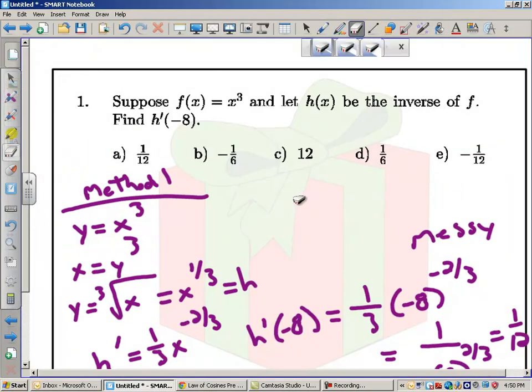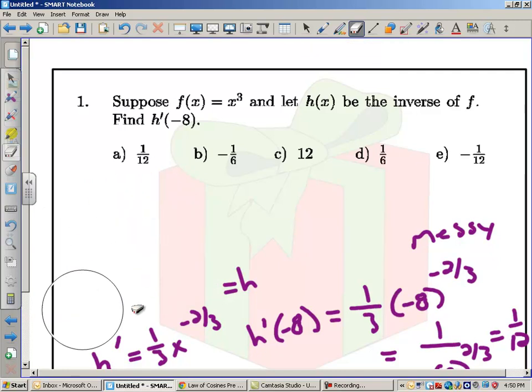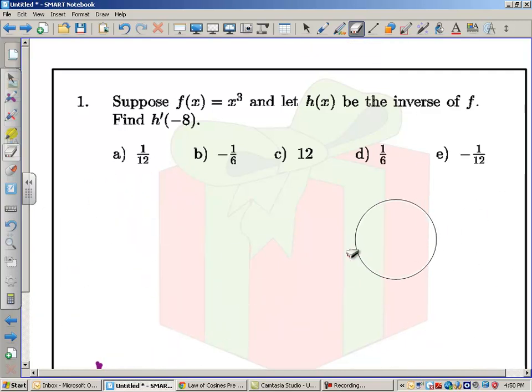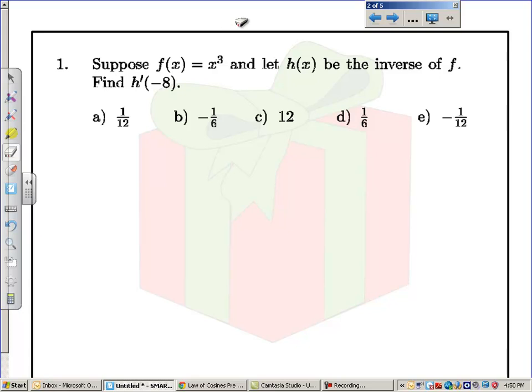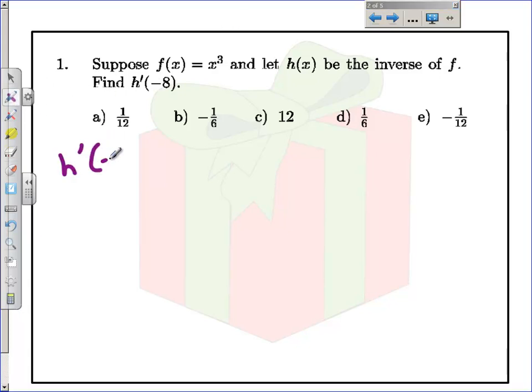So let me show you the correct way to do this without doing all of that messy stuff. We are going to say that h prime of -8 is equal to 1 over f prime at h of -8. So that's what we have to figure out.